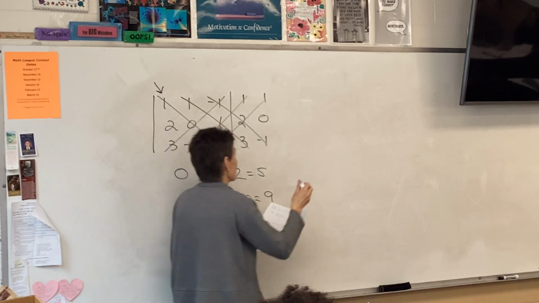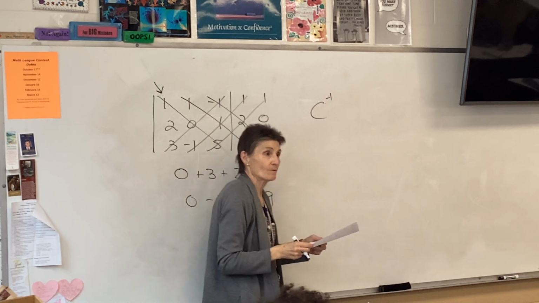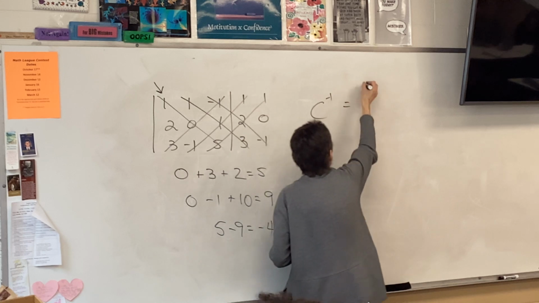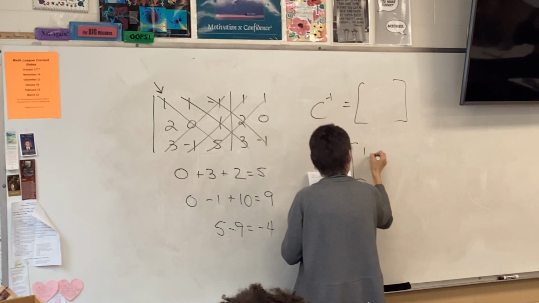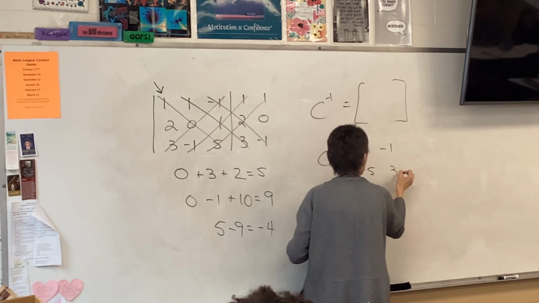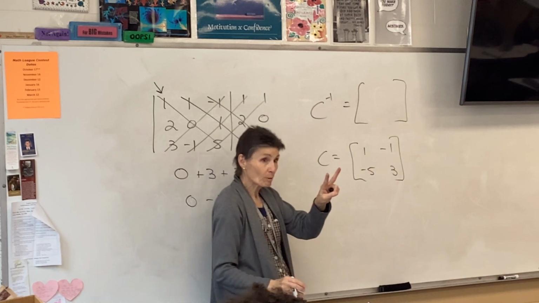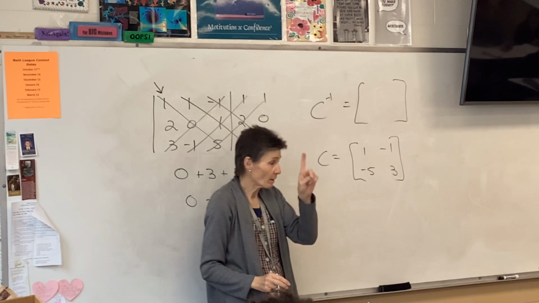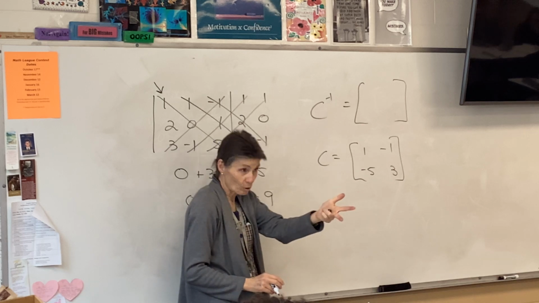All right, what does G mean? Find the inverse. Okay, so matrix C is 1, negative 1, negative 5, 3. This is a two-step process, remember? What do I do first? Find the determinant.